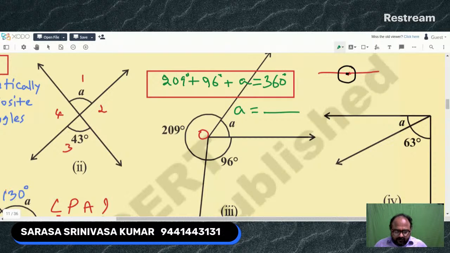You should fill up that one. Can you find angle A from this? 209 degrees plus 39 degrees plus A equals 360 degrees. From this, you can find angle A. This is because the sum of angles formed at a point O is always equal to 360 degrees. You have studied this concept earlier.